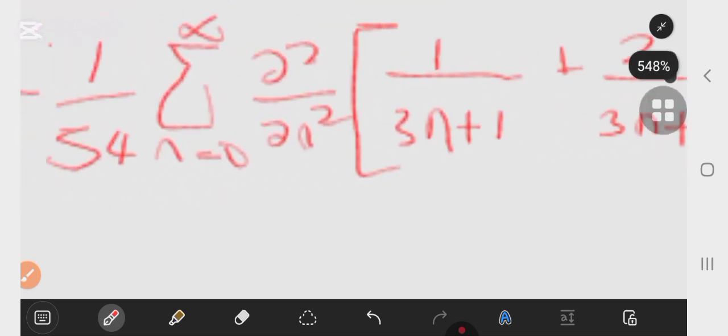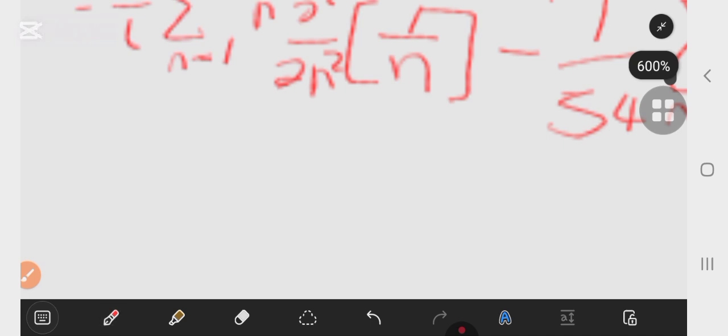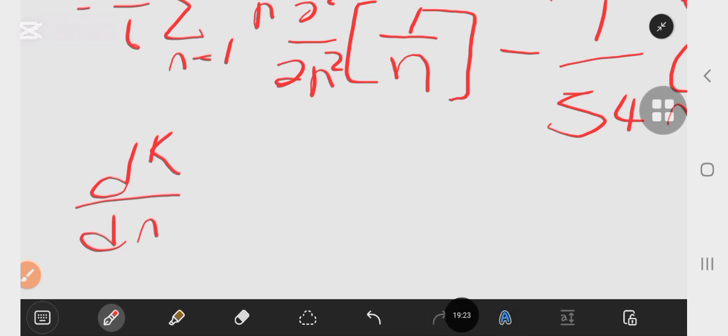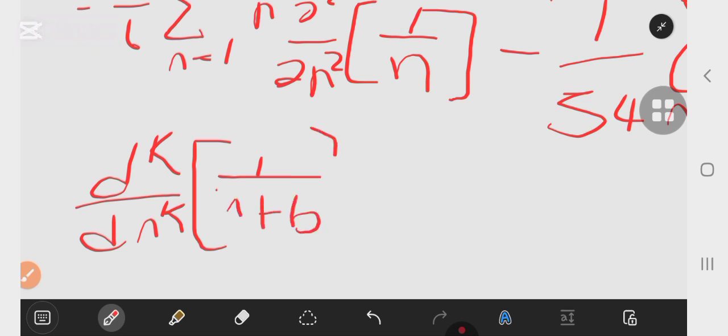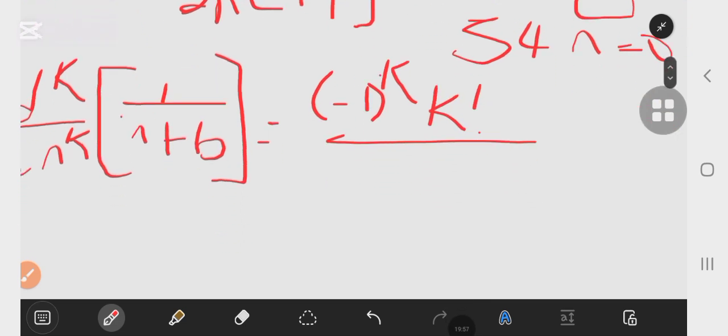But before I continue, I'd like to do something special. First, let me go to this side. Note that the kth derivative of any variable, let's say n, of 1 over n plus b is equal to minus 1 to the power of k times k factorial all over n plus b to the power of k plus 1.